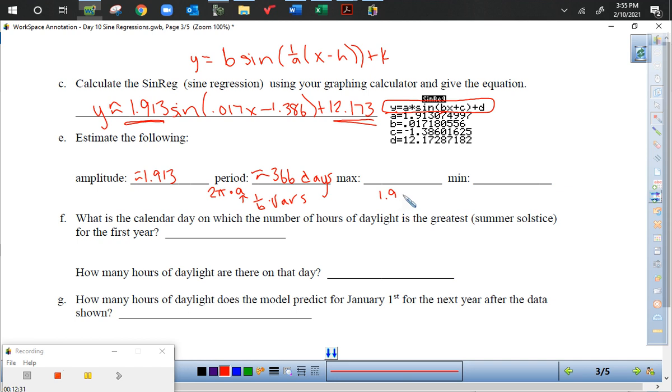Max we're going to use the positive number, minimum it's the negative, because usually when we're talking about sine cosine it goes 1 to -1, but that's based on the amplitude, so we're using 1.9, -1.9. Then translation up will change that, and we'll just add that number to each of them.